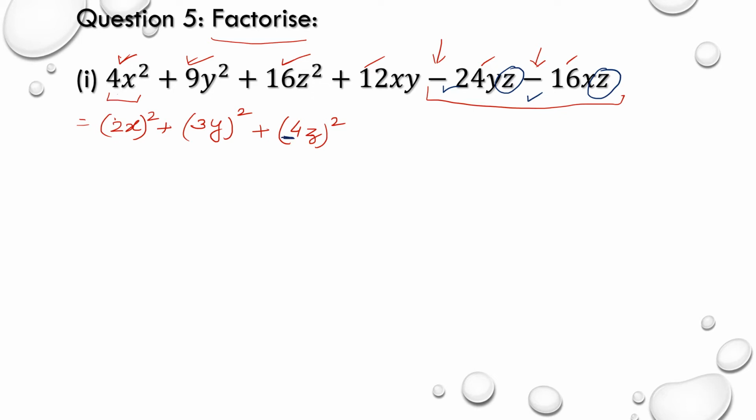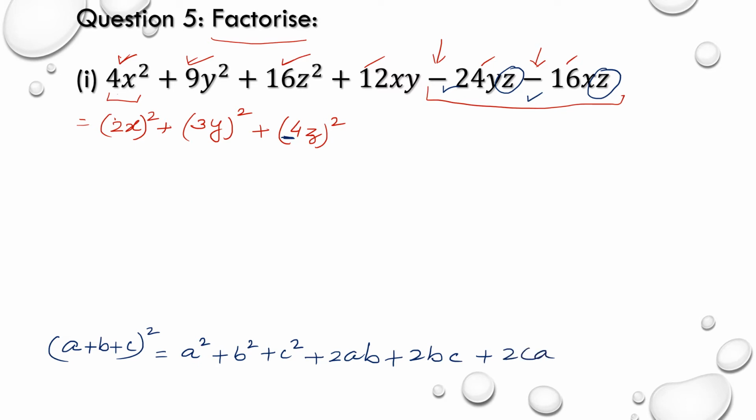So now let's use the identity a plus b plus c whole square. This can be written as a square plus b square plus c square plus 2ab plus 2bc plus 2ca. We will use this identity.